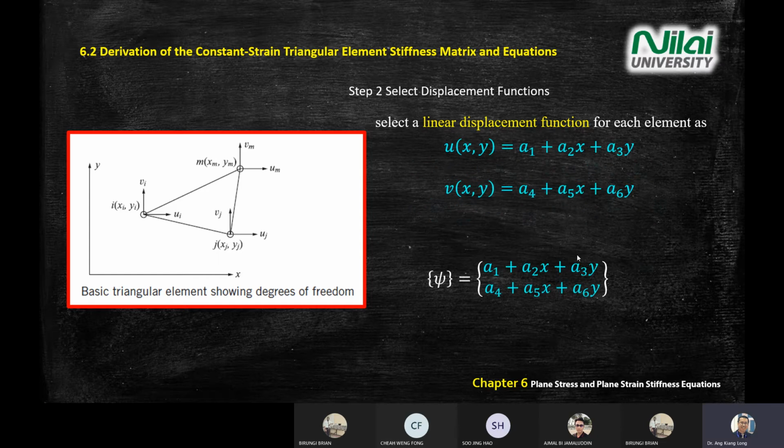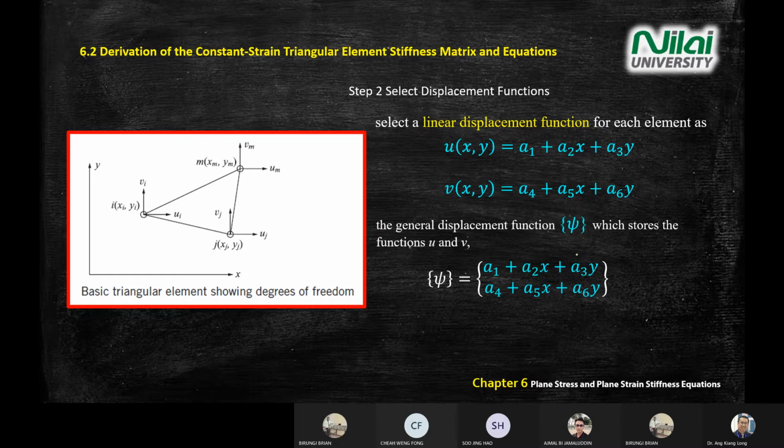Okay, then we put them in matrix form. The blue color two equations we put into matrix form. We use a new symbol for today, this symbol, which is a displacement function. I forget what the name of this symbol is, but this is the symbol we use to represent the displacement in u and v direction.